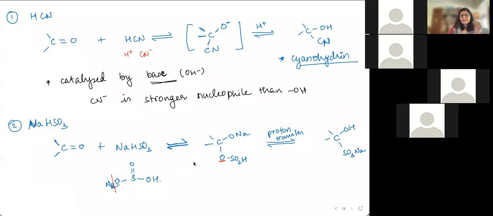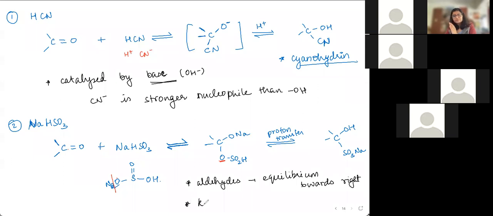So reactivity wise, for aldehydes, the equilibrium is pushed towards the right. And for ketones, the equilibrium is pushed towards the left.